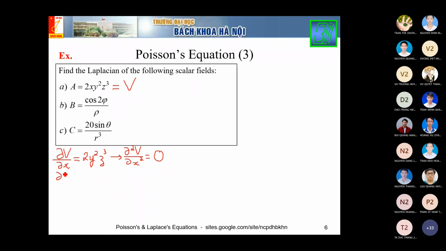And then we apply the same procedure to the second variable, which is y. The first derivative with respect to y will be, I guess, 4xyz to the power 3, because the derivative of y squared is 2y.